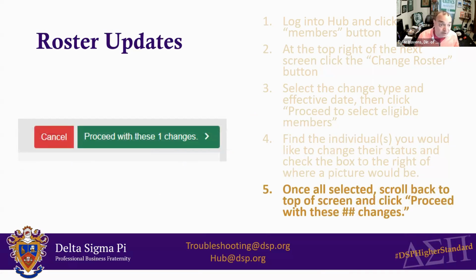And then they'll go back up to the top of the screen and click on the proceed with changes. It does count the number of individuals that have been selected for this change. So if your students go in thinking, hey, I've got to mark 12 individuals as having graduated, and they go up to the top and they see proceed with these 4 changes, then there are people that they have missed that they need to go back through and check.